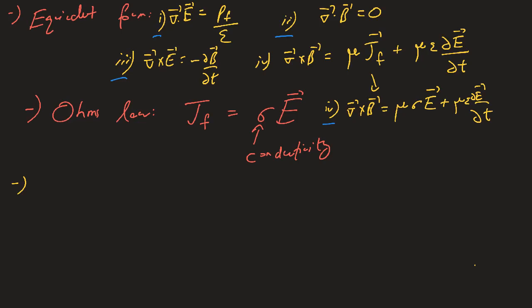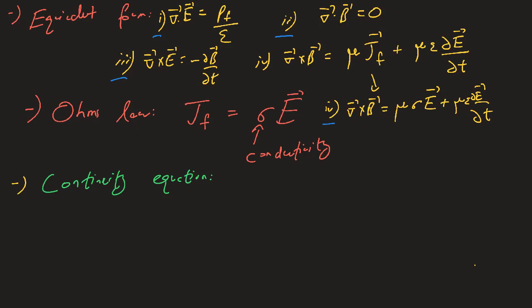Now let's go back to something we did at the very start, which was the continuity equation. Now the continuity equation was basically a statement about the conservation of charge.